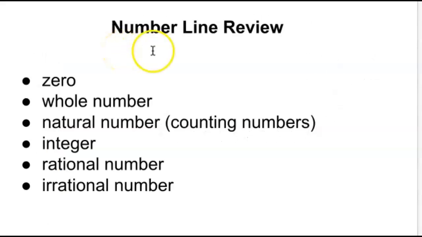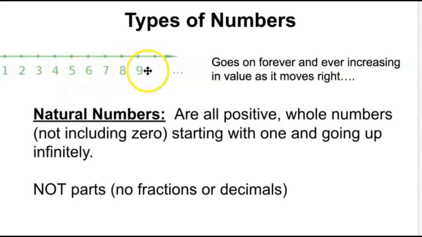Okay, to plot points on a number line, we need to know the different types of numbers. So we have 0, whole numbers, natural numbers, which are the counting numbers you first began learning as a small child, integers, rational numbers, irrational numbers. The first types of numbers that you learned were natural numbers.